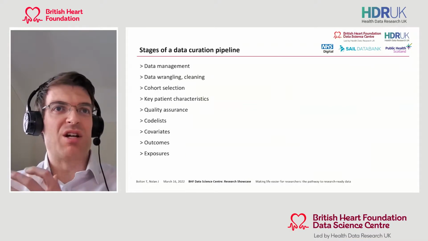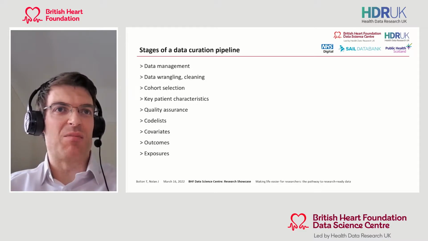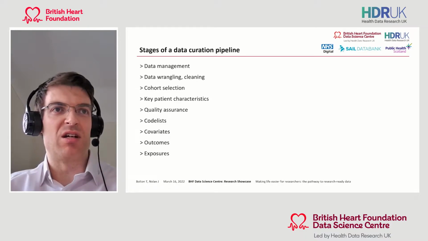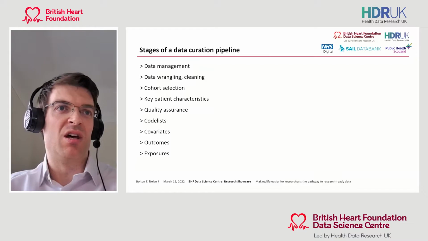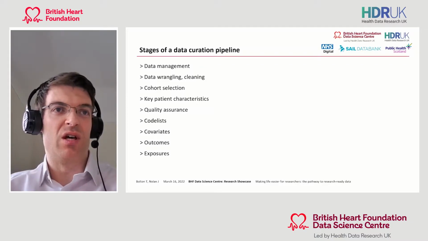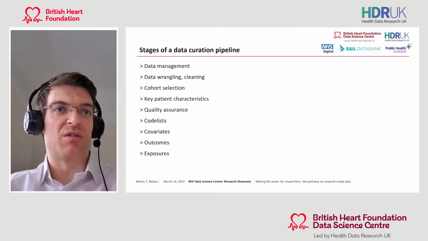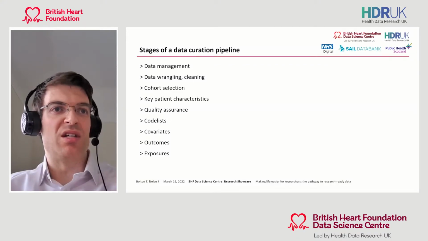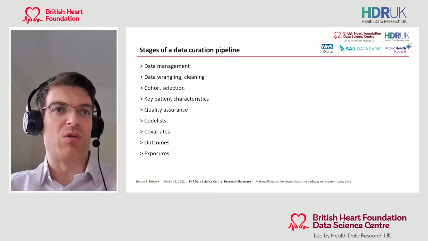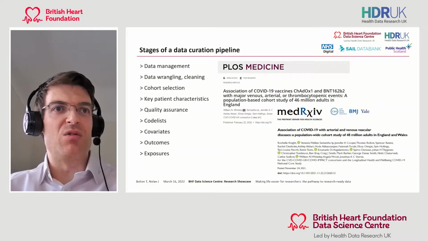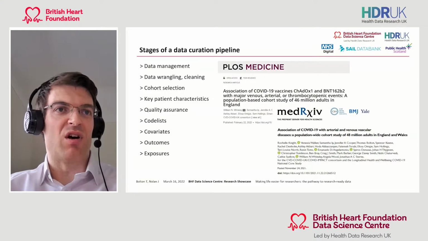Broadly speaking, a data curation pipeline might have the following stages: initial data management, wrangling and cleaning to produce curated snapshots of raw data, cohort selection, applying inclusion-exclusion criteria, extracting key patient characteristics such as age, sex, ethnicity using multiple harmonized data sources, performing quality assurance to remove erroneous or suspect records, creating code lists, and using these to create covariates, outcomes, and exposures.